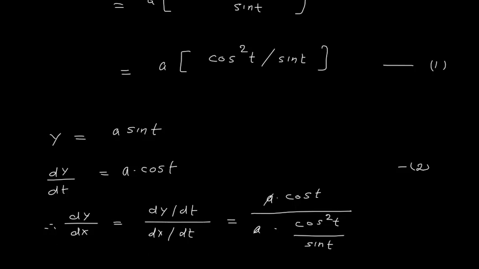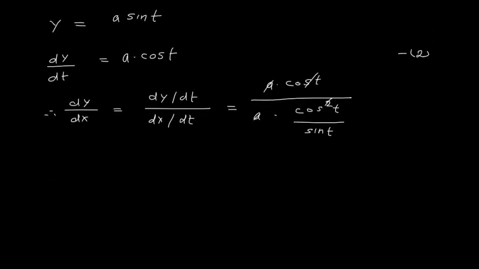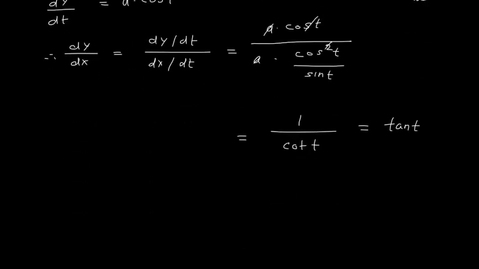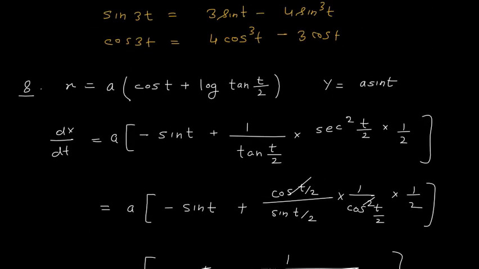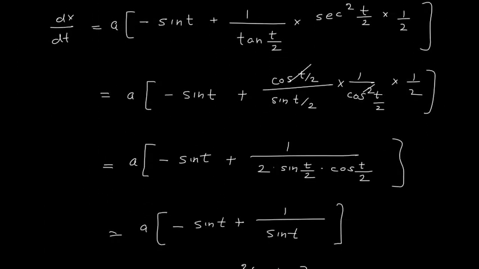So this a and a will cancel, this one cos term will cancel and we have 1 upon cos upon sin is cot, 1 upon cot t which is nothing but tan t. So dy upon dx we got as tan t. This is our 8th problem.